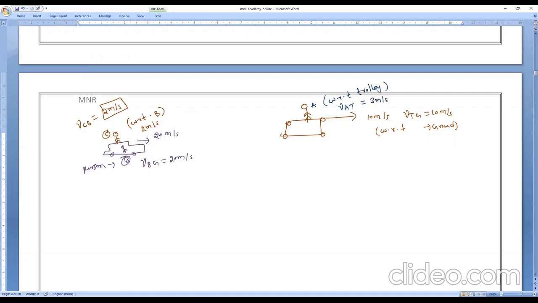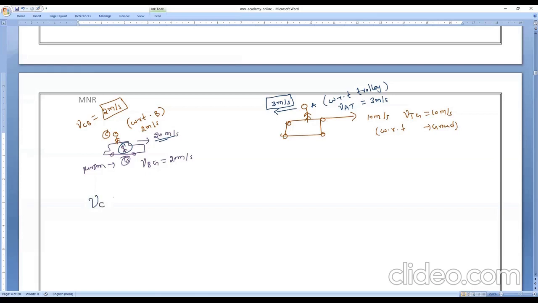But if person B observes A, the velocity appears to be in the minus direction or plus direction? Minus direction, because B is traveling faster. Clear?